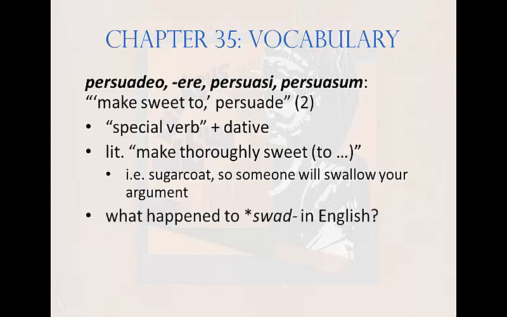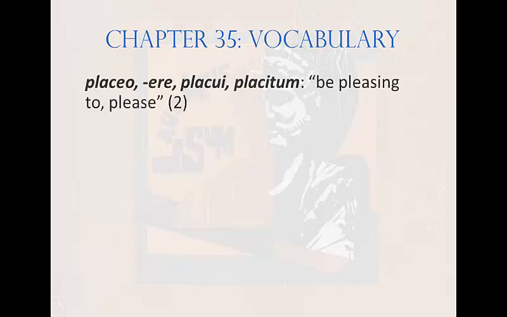Swad. Interesting base. What do you think that turned into in English? According to Grimm's law, D changes into T, compare dent and tooth, so in English, swad became sweet. Here's another special verb, placeo, placere, placui, placitum, meaning be pleasing to or please, a second conjugation verb that takes the dative.